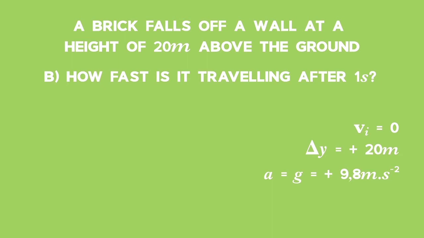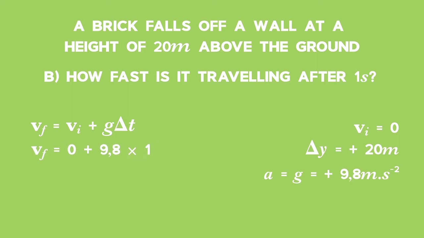If we look at what we have, the initial velocity is 0, the time is 1 second, and gravity is 9.8 meters per second squared. We thus choose an equation of motion without change in position. So, final velocity is equal to the initial velocity plus gravity times the change in time.